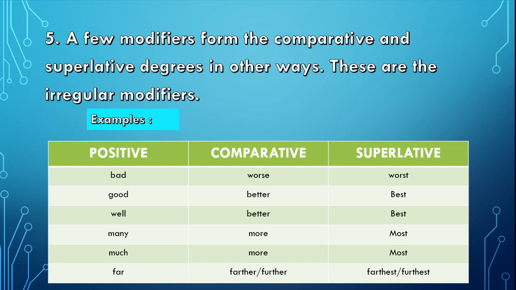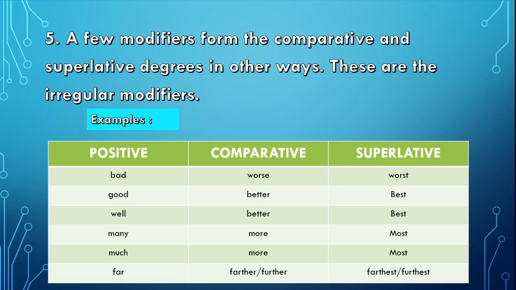Next, we have the base form, good. In comparative form, it will become better. And in superlative form, it will become best. And respectively, we have the base forms, well, many, much, and far.